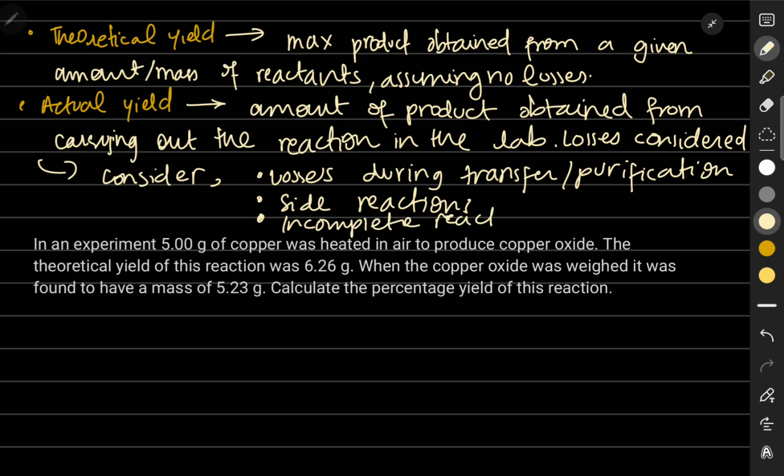All right. So when you consider all of these losses, you come to realize that actual yield is often less than the theoretical yield because of all of these losses.